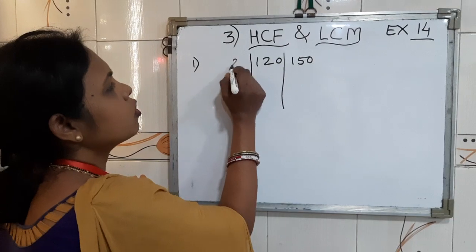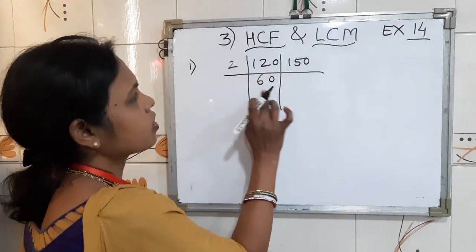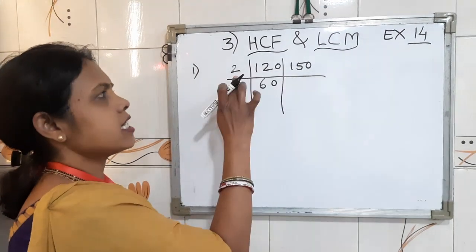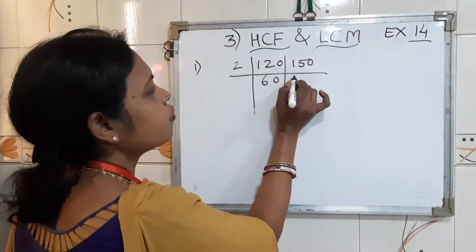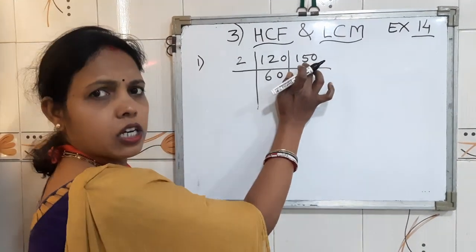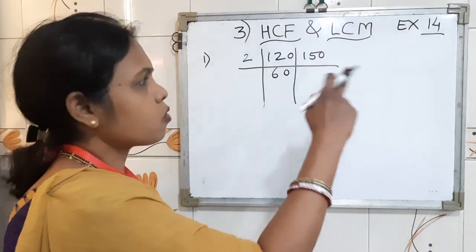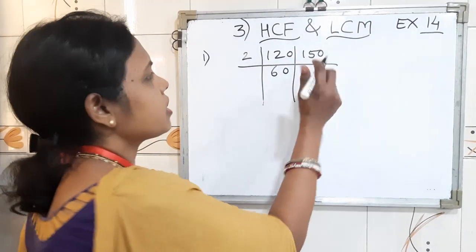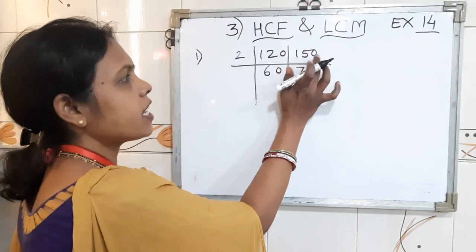So children, 2 sixes are 12, 2 zeros are 0. 120 is divided by 2. Next number 150: 2 fours are 8, 2 fives are 10, 2 sixes are 12, 2 sevens are 14, 1 and 0.